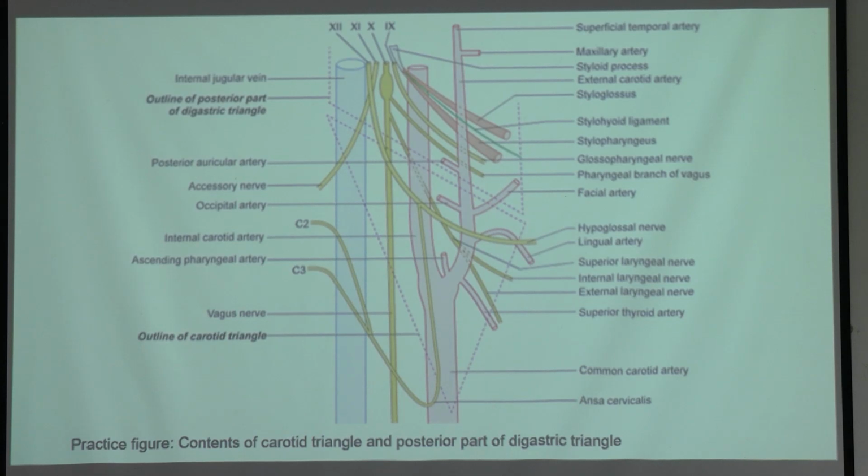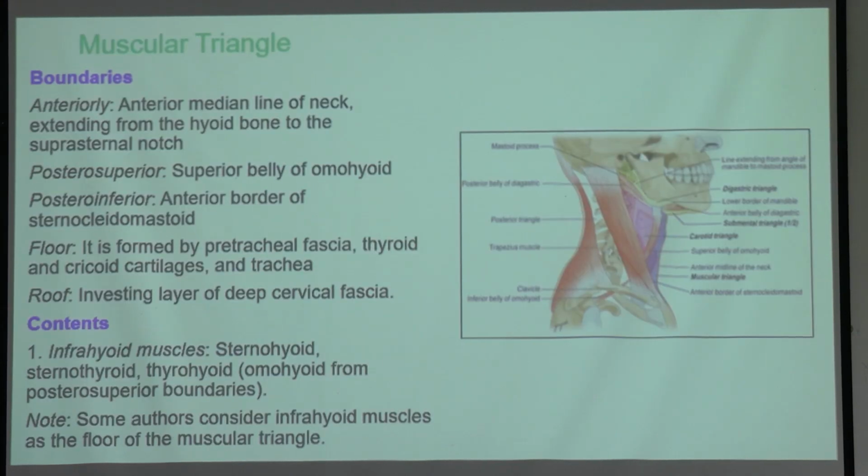This is called descendens hypoglossi and this is called descendens cervicalis. So these two components form the ansa cervicalis. In neck dissection in the carotid triangle we get the loop of nerve, which is called ansa cervicalis. So these are the components.